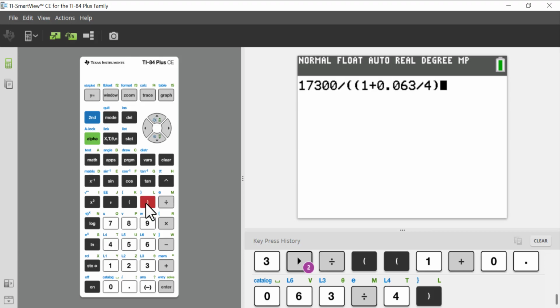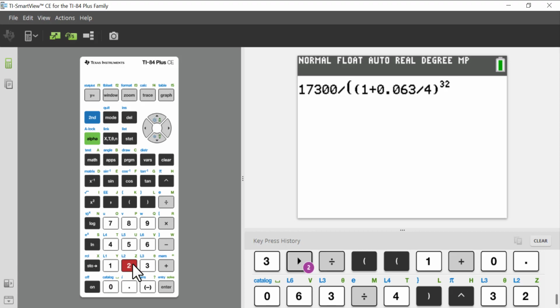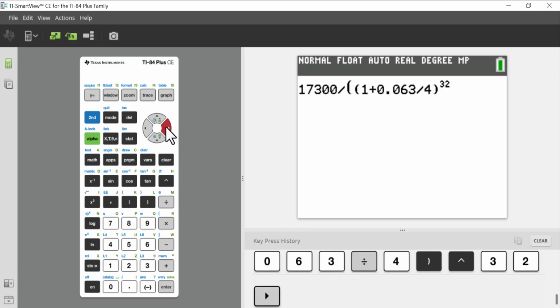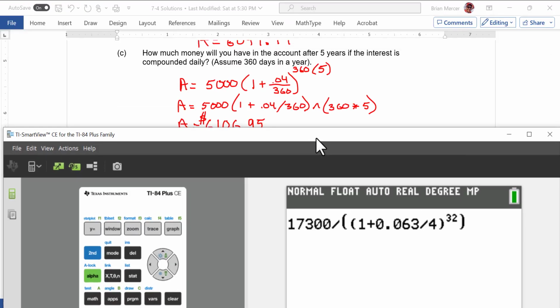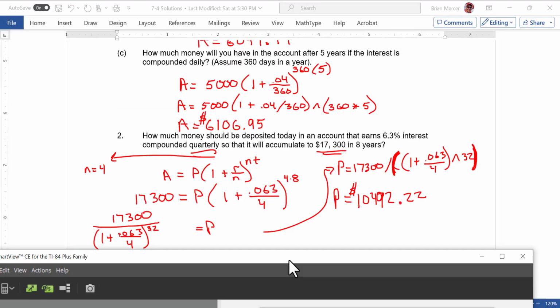That's now closed in parentheses. Raise that to the 32nd power. And then close parentheses. So now that's my whole denominator.